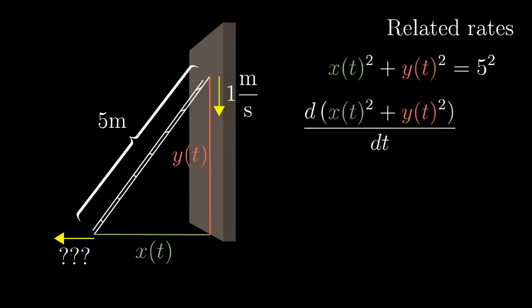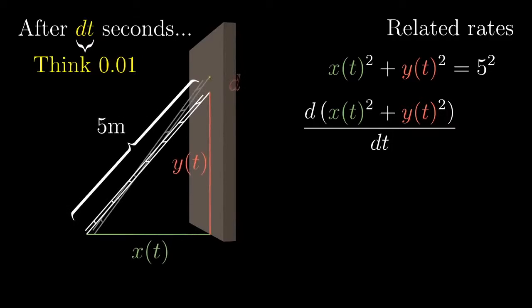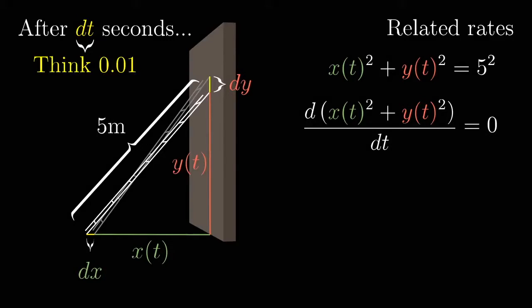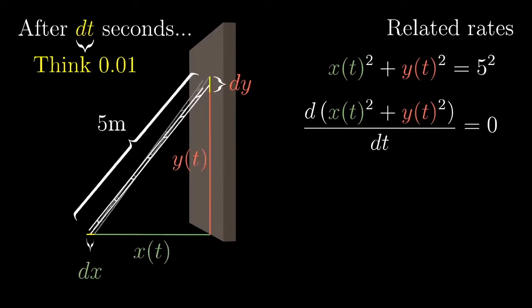In particular, we can take a derivative of this left-hand side, which is a way of saying, if I let a little bit of time pass, some small dt, which causes y to slightly decrease and x to slightly increase, how much does this expression change? On the one hand, we know that that derivative should be 0, since the expression is a constant, and constants don't care about your tiny nudges in time, they just remain unchanged.